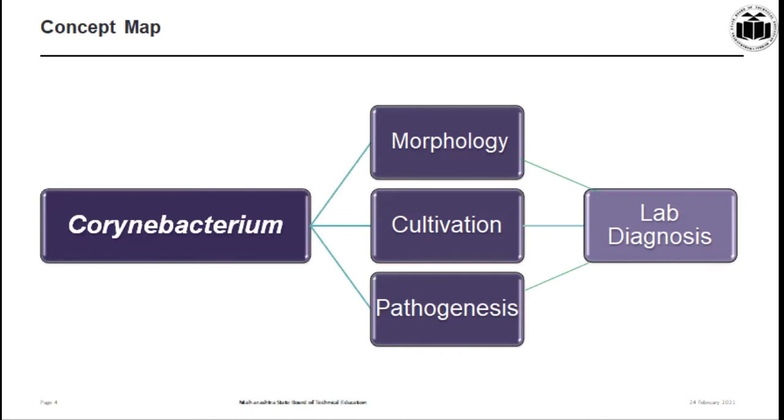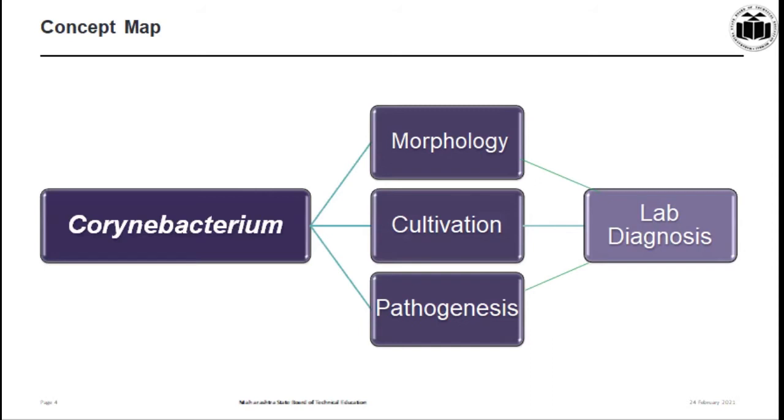For Corynebacteria, we are dealing firstly with the morphology of Corynebacteria, what are the cultivation methods, the pathogenesis of Corynebacteria, and finally what are the laboratory methods which are to be used to detect Corynebacteria.